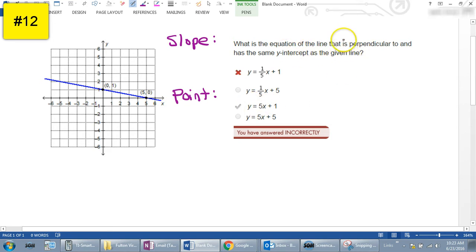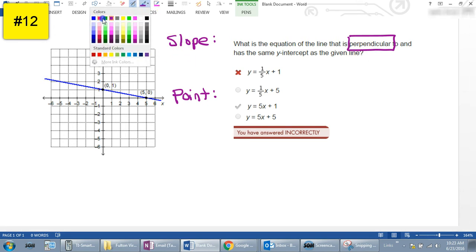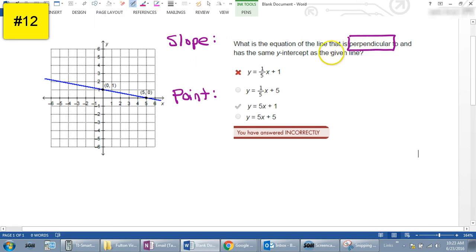Now, when you see this word, perpendicular or parallel, they are indirectly giving you the slope. Okay? If they say parallel, they mean take the line or equation that you have and just keep the same slope. If they say perpendicular, then they mean take the line or equation you have and do the opposite and reciprocal slope.